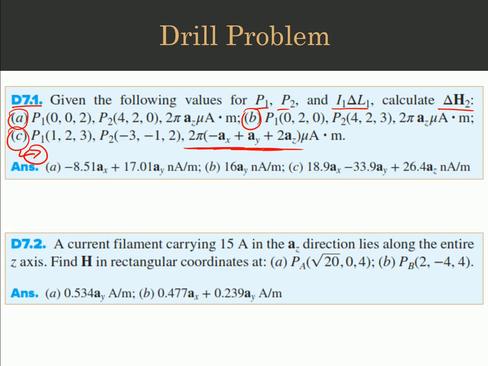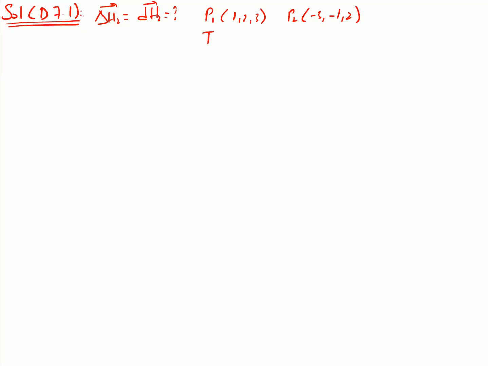What has been given to us: we need to find delta H2, or dH2, for point 1 at 1, 2, 3, and point 2 at minus 3, minus 1 and 2, and the differential current element I dL, or delta L, is 2 pi times minus A of X plus A of Y plus 2 A of Z. So I1 delta L1 is equal to 2 pi minus A of X plus A of Y plus 2 along A of Z. Sorry, this is current, so it is going to have units of microampere meter.